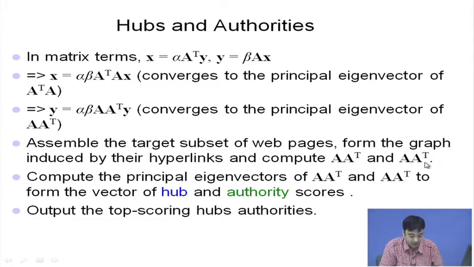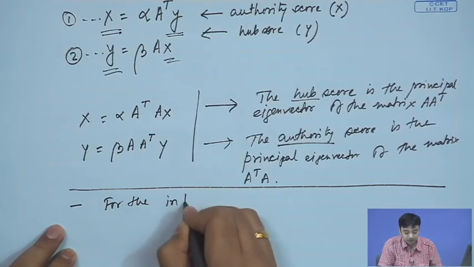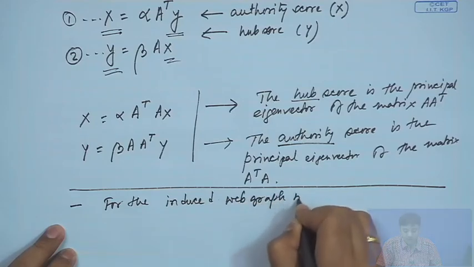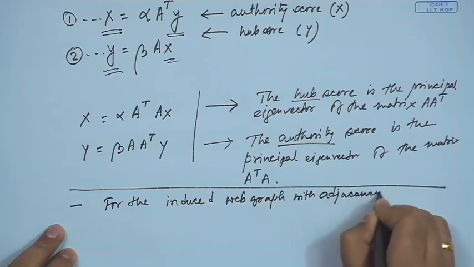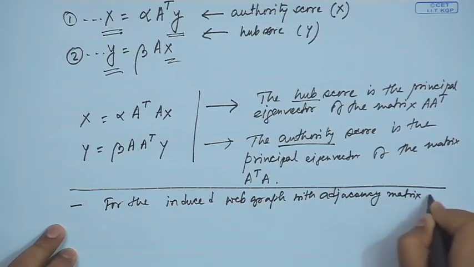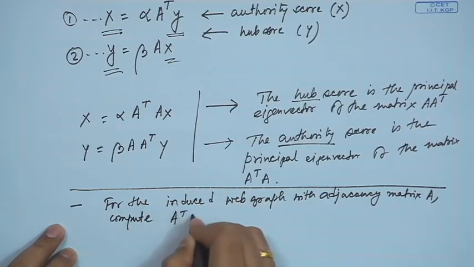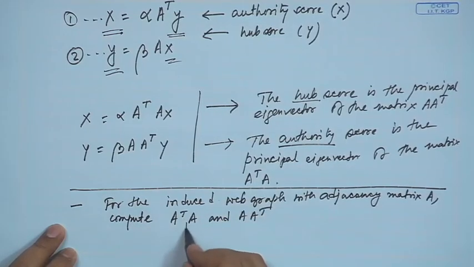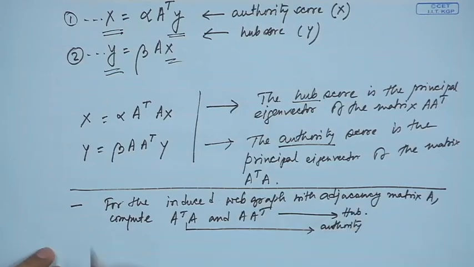So, basically the first step of the algorithm is, for the induced web graph with adjacency matrix A, compute A transpose A and A A transpose. So, this actually stands for the authority and this one stands for the hub. Okay. This is the first step.